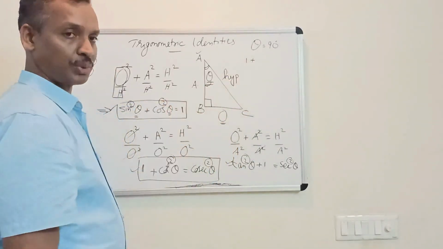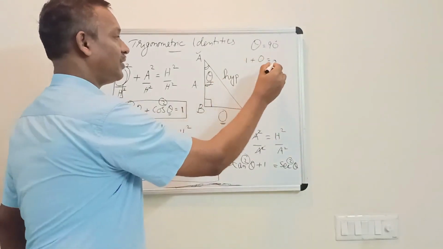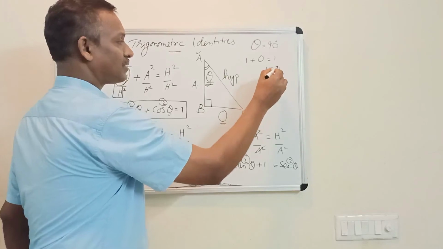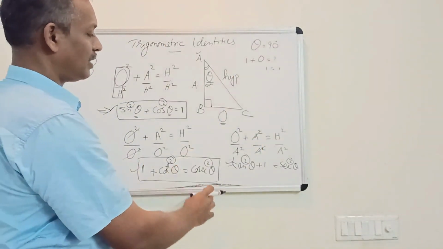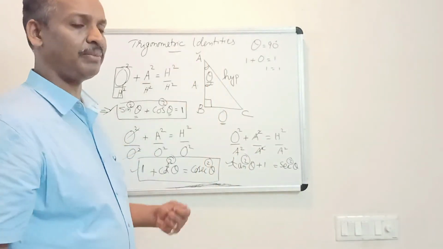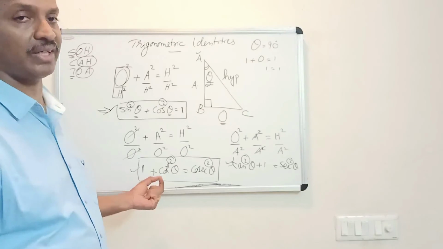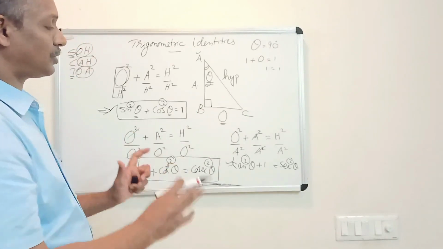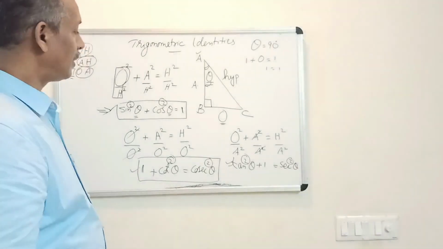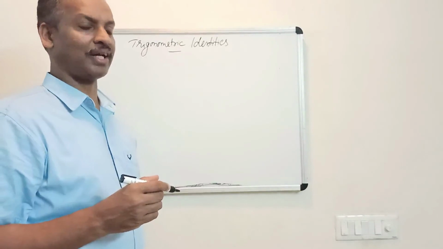Cos 90 is 0, 0 square is 0. So the right side is already 1. So LHS and RHS are equal for theta is 90. Like that you can try for this and this, not only for 90, any angle you put, 30 degree, 60 degree, 45 degree, any specific angle you try, the LHS and RHS are equal.